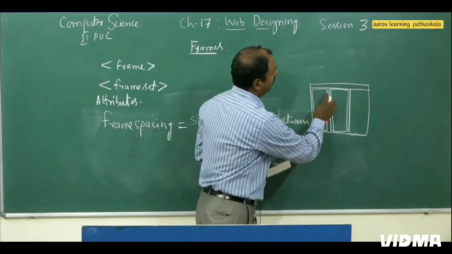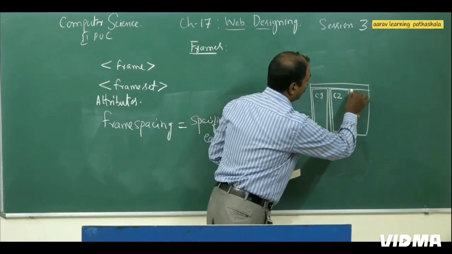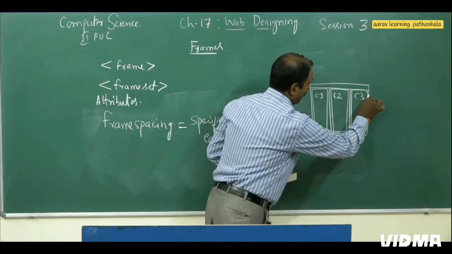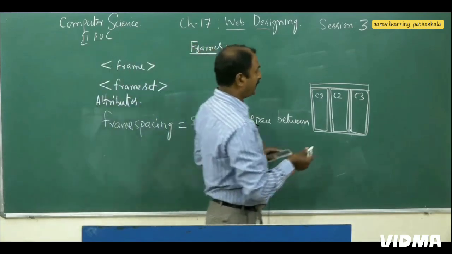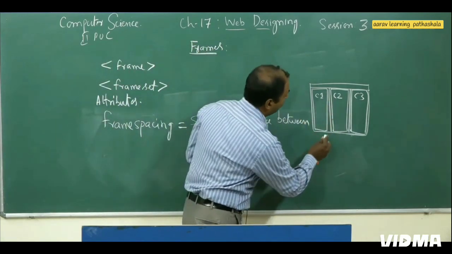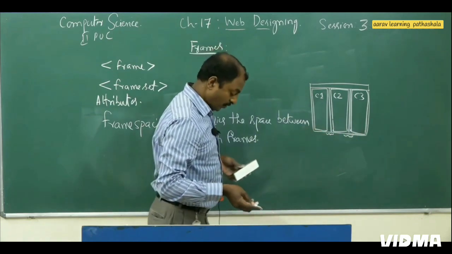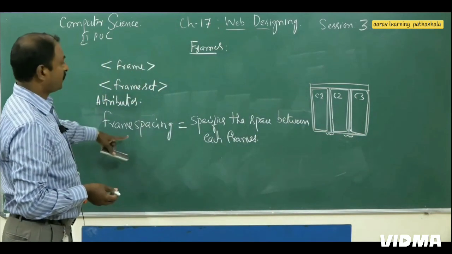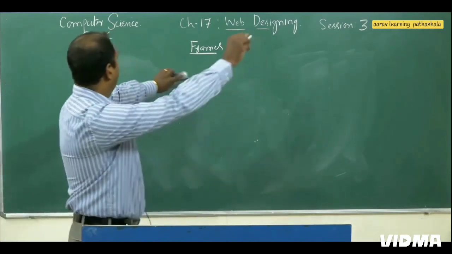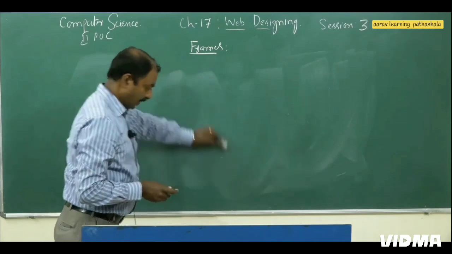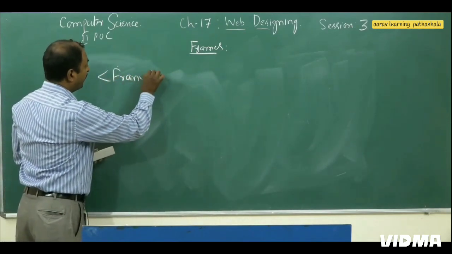The space between these two, this is column 1, column 2 and column 3. So frame spacing specifies the space between these individual frames. So this is the frame spacing attribute.